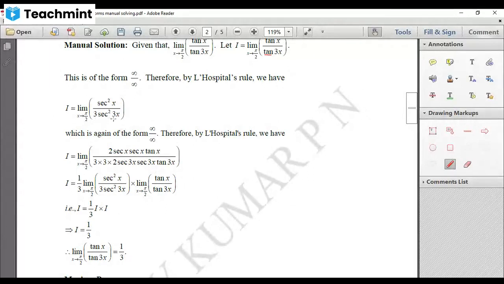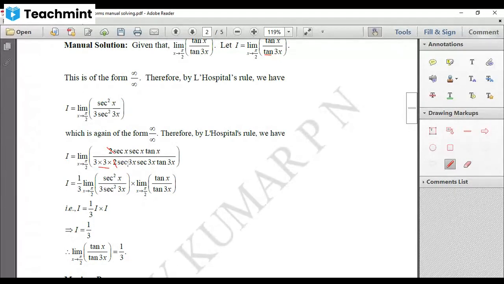Forget secant, derivative of 3x is 3. Now, let me take out 1 by 3 outside. And secant x into secant x is secant square x. And these two get cancelled. Secant 3x into secant 3x is secant square 3x.